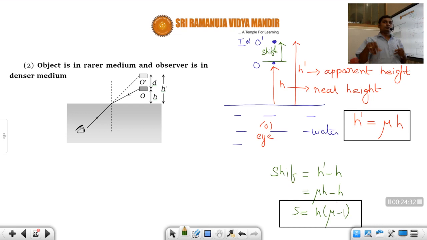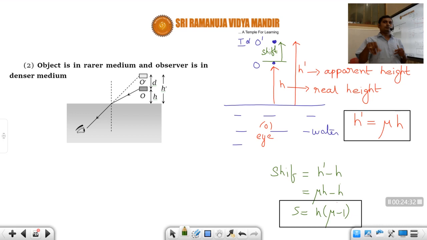And when the object is in a rarer medium and you are in a denser medium, suppose you are inside a swimming pool observing a bird, remember this example, then you will see the bird far away from you. In that case the apparent height formula is mu times h, and the object will appear far from you.